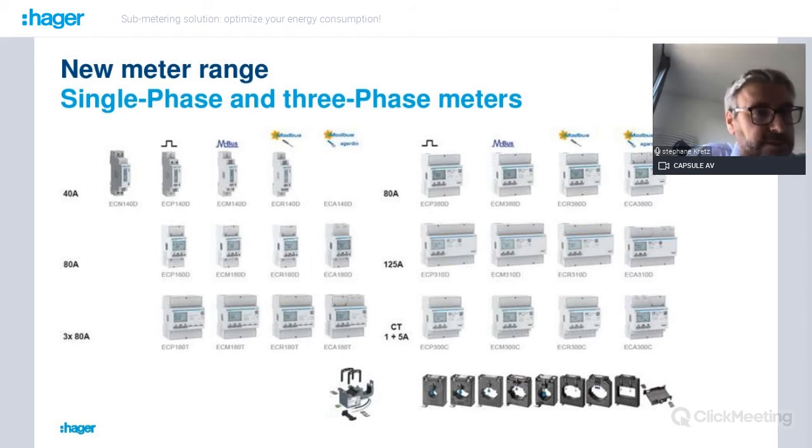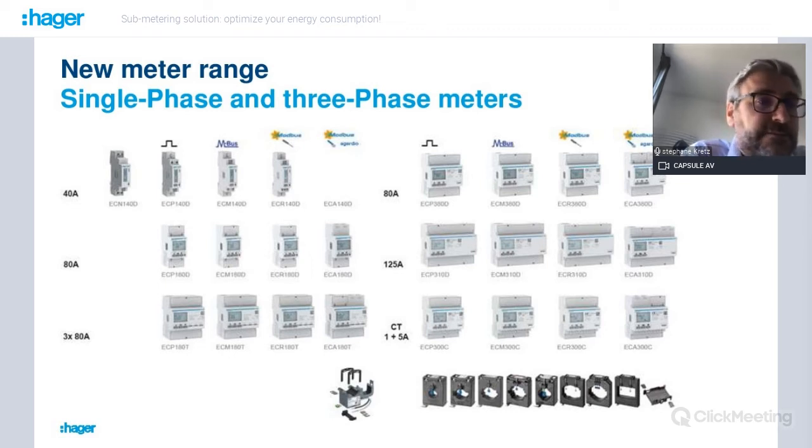So important in single phase, we have 40 amps, 80 amps, in order to answer the different needs, and a special one that is 3 times single phase, 80 amps. So you have a compact solution with 3 times single phase 80 amps.